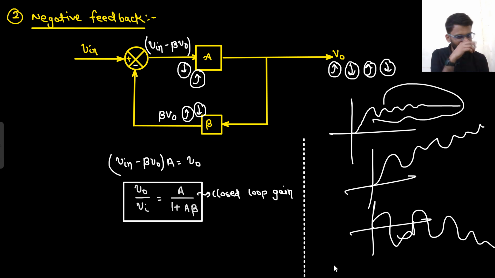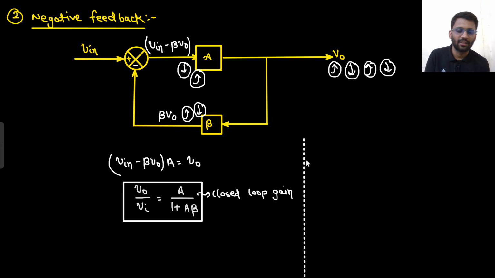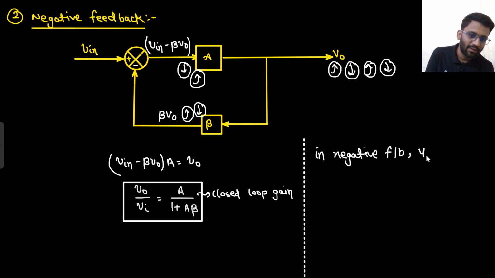It will be stable at some point, right? So in negative feedback, you get a stable output.